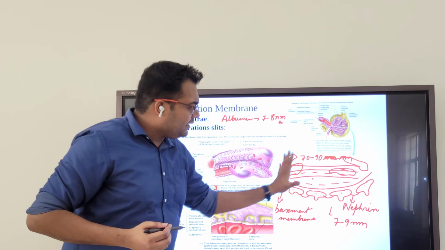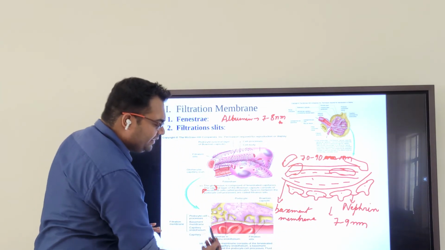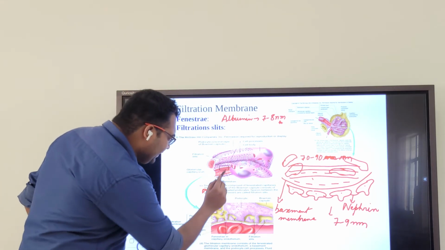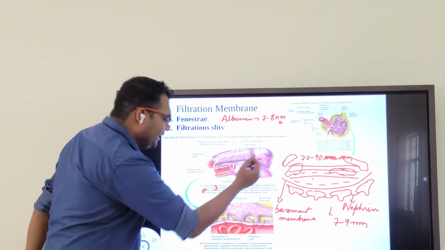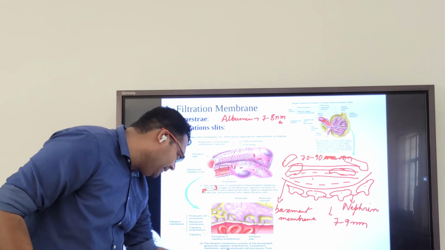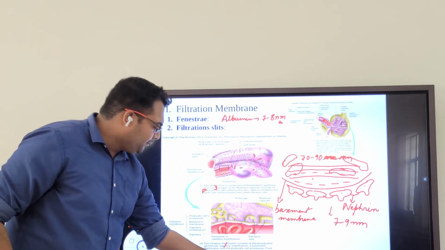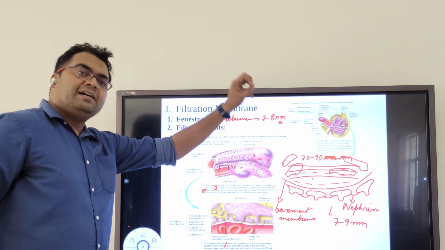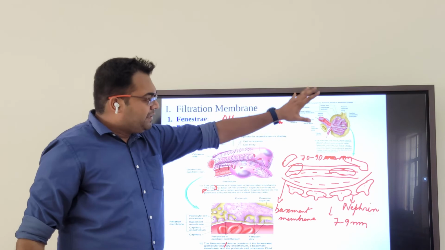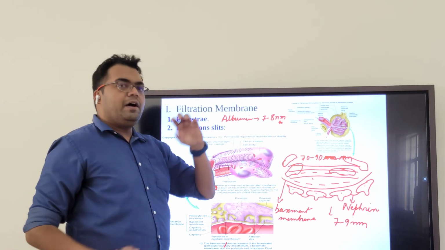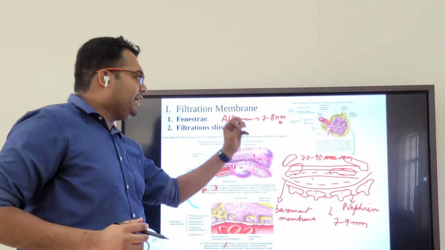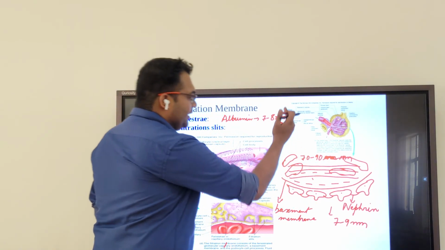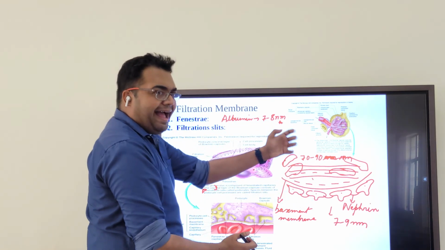The same basement membrane thing has been explained in this diagram as well. And you can see here the fenestra is there, and then we have the capillary, we have the podocytes, we have the foot processes, and one more thing you should know is the presence of nephrin, which is the filtration slit, or which ultimately is the final embodiment of impediment for the albumin.